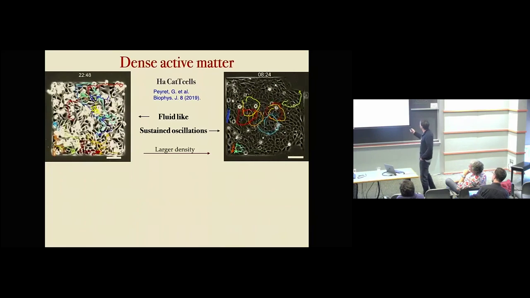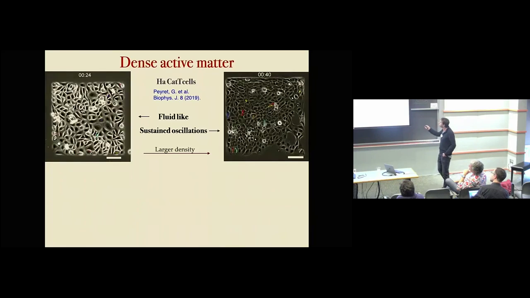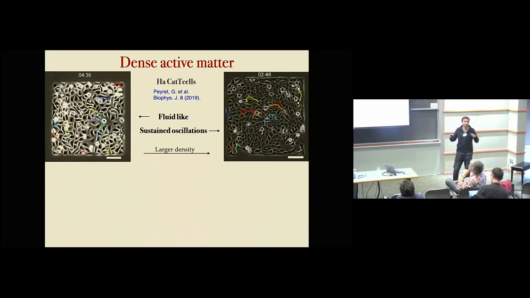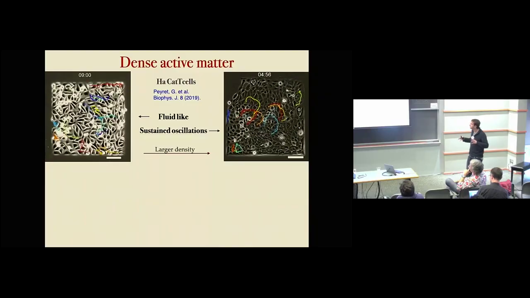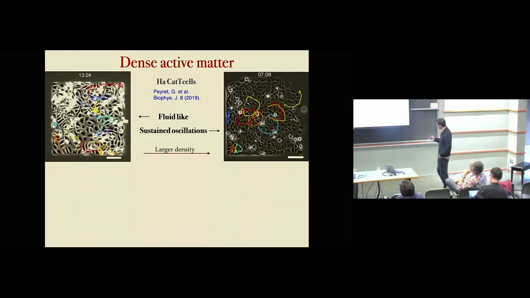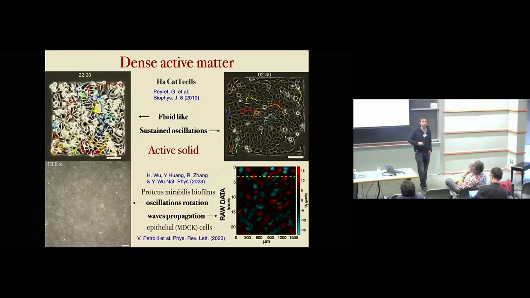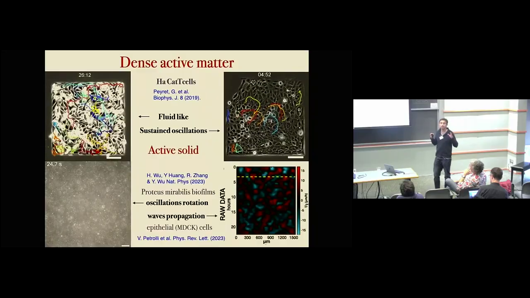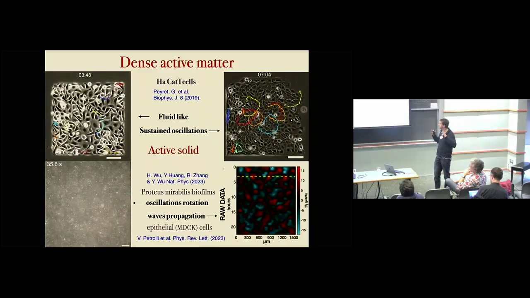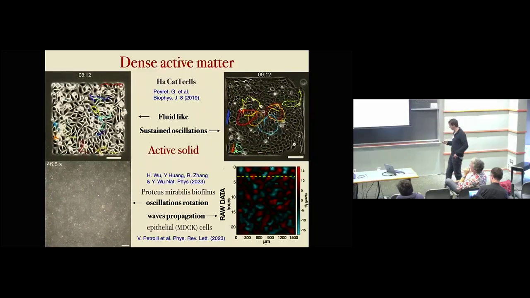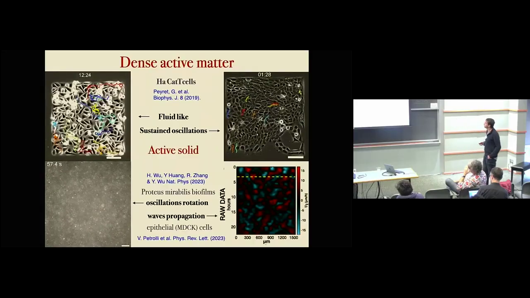And this, for me, is the manifestation of the effect of elasticity or stresses propagating in the system. This is what I will refer to as an active solid, where this elasticity or these stresses are important in determining the physics of the system.